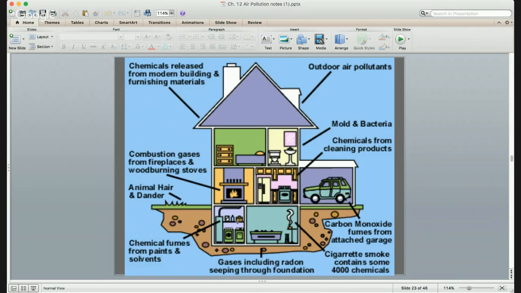Paints, cleaners, or paint thinners can also lead to air pollution. If you have pets like cats or dogs, their dander has been known to cause problems. And a fireplace in your house can also be an issue, because chemicals and dangerous toxic fumes can leak into your house from it.